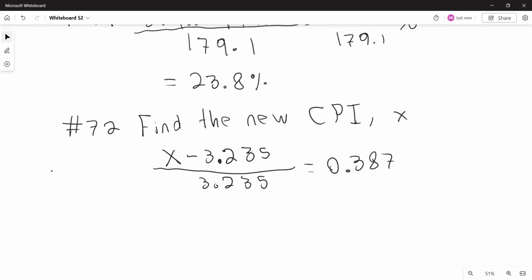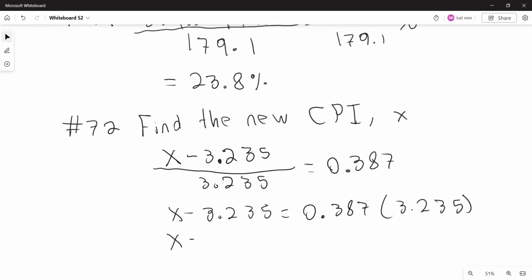Okay, we solve this equation, so multiply by the denominator. So X is 3.235 plus 0.387 times 3.235, which is 1.252.